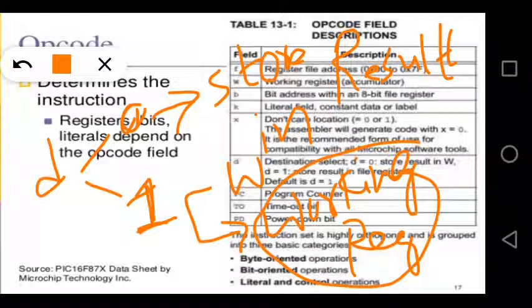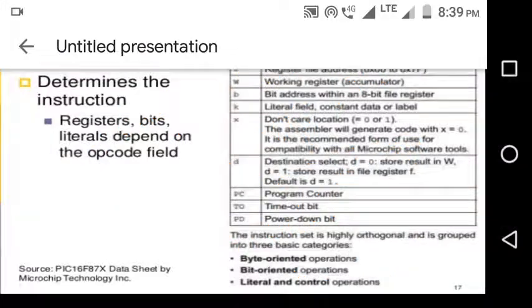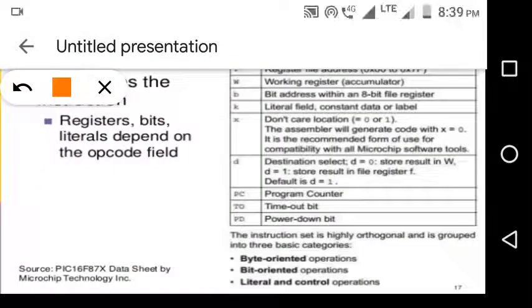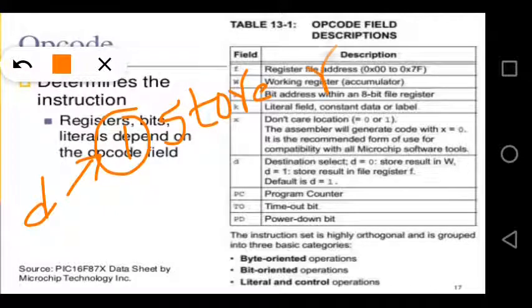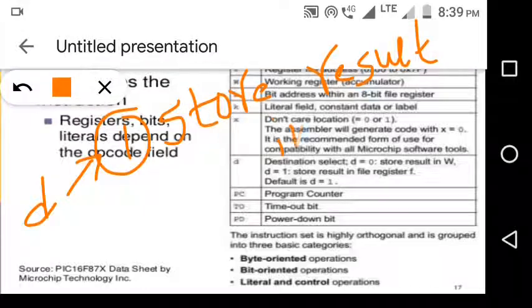If small d value is equal to 0, then the result can be stored in working register. Or if small d is equal to 1, then you can say store the result in F.